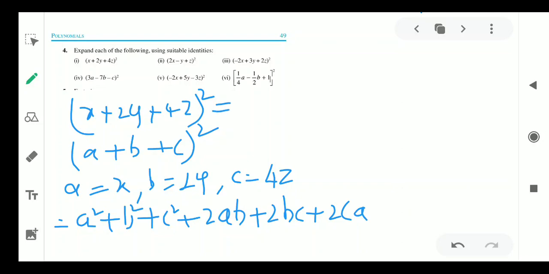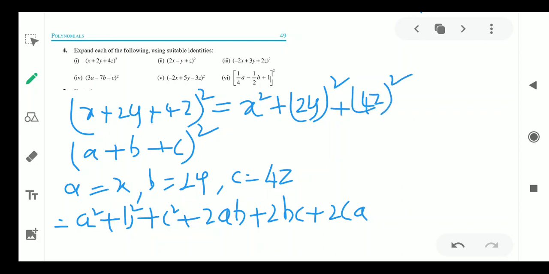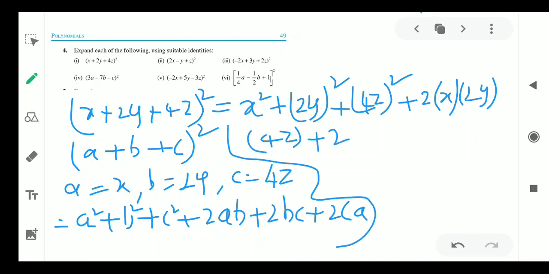See, what is a²? It means x². What is b? (2y)². What is c here? (4z)². And 2ab is 2 into a, x, into b, 2y, plus 2bc, b is 2y, c is 4z, and 2ca, c means 4z, a means x.